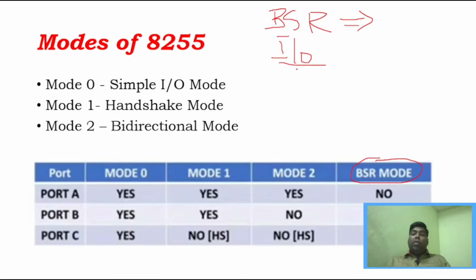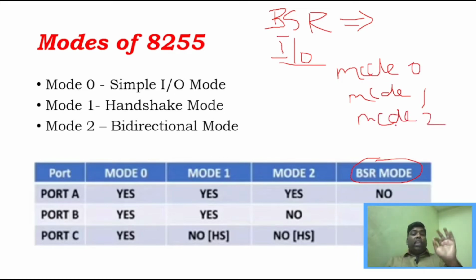This IO mode is classified into three, which are mode 0, mode 1 and mode 2. You have to very clearly understand how these modes are getting selected and how different ports are getting selected.